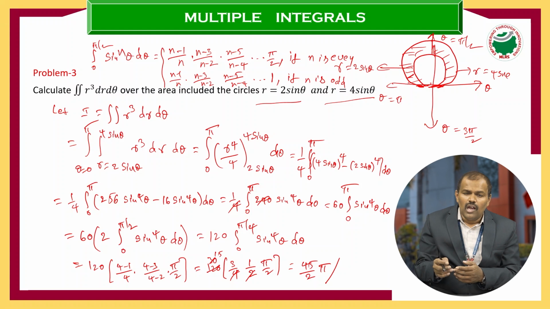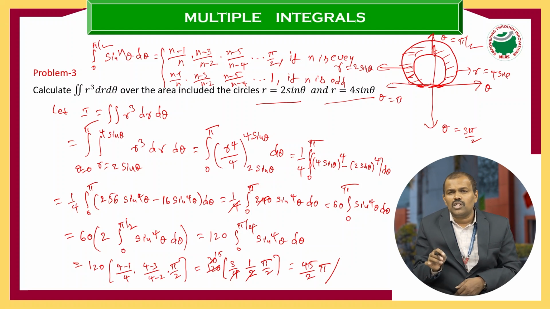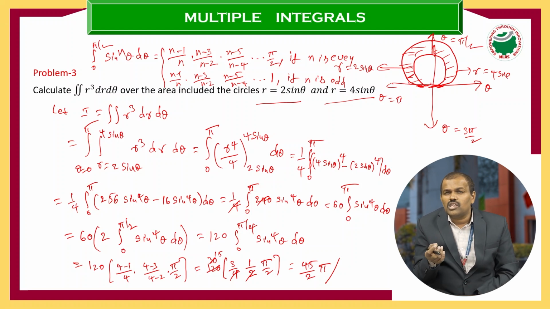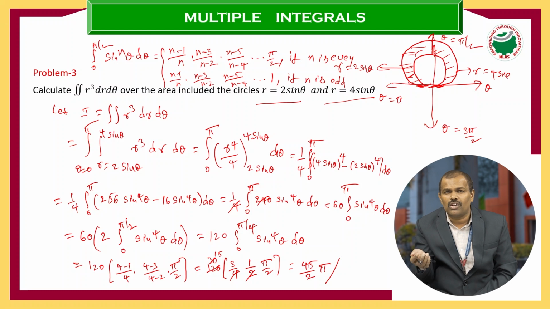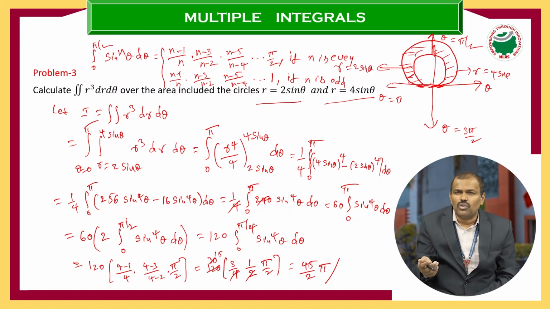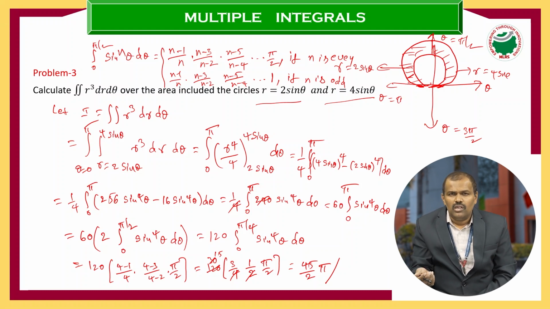And one more thing, r equal to 2 sin theta, 4 sin theta, how can we say that it represents a circle only? That's what I said at the start. For a circle, the parametric equations are x is equal to r cos theta, y is equal to r sin theta. Suppose x square plus y square is equal to r square.